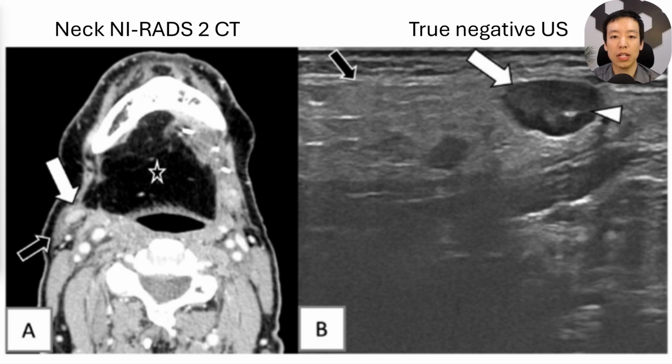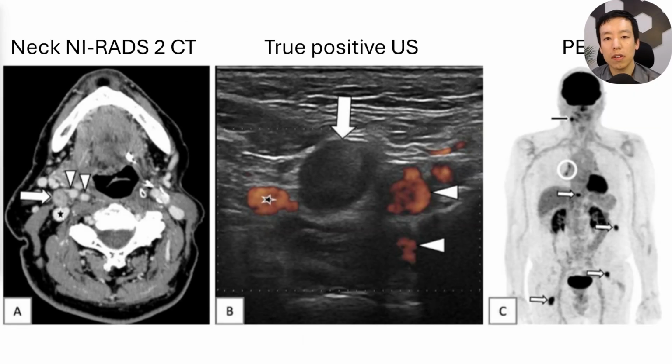NIRADS 2 lesion. Figure 4 showed a round 1.2 centimeter right level 2 lymph node that was enlarged from a prior comparison study, and here's the correlate on ultrasound. This was a rounded lymph node without a fatty hilum, so abnormal.